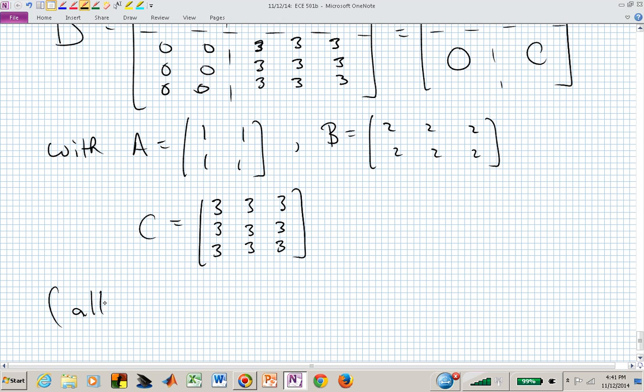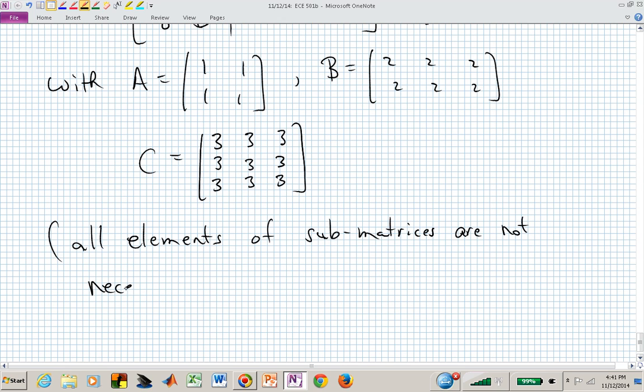And as I said, all of these elements don't have to be equal to enjoy this block matrix structure. All elements of these submatrices are not necessarily equal.